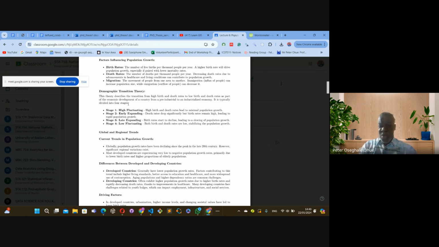Okay, so there's a decrease in birth rates. In fact, teenage pregnancy and unwanted pregnancy has also declined because of contraceptives. And then our lifestyles. There are a lot of people who can't even have children to start with because of many factors. However, what are we saying? There is a transition. So it's a theory. Moving from high birth rate and high death rate to low birth rate and low death rate.